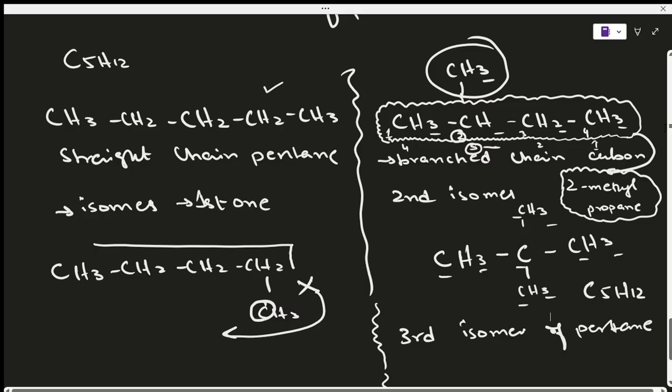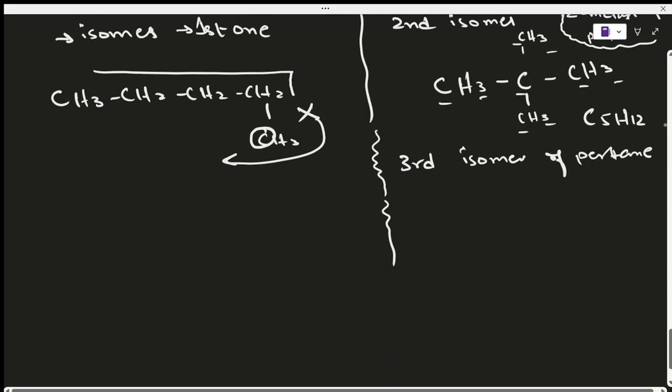Alright, but the main question was, what if the structure looked like this? What if the branch was on this carbon? Again the same rule applies. We name from the carbon which is closest to the branch. Now this one is the closest to the branch.